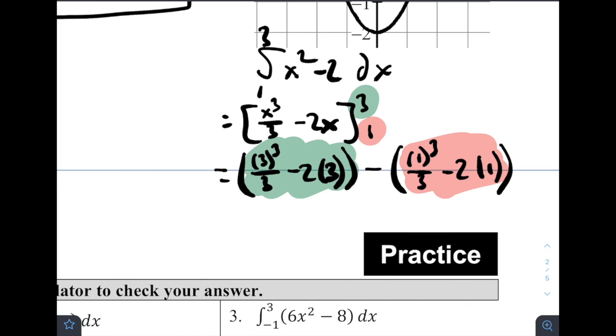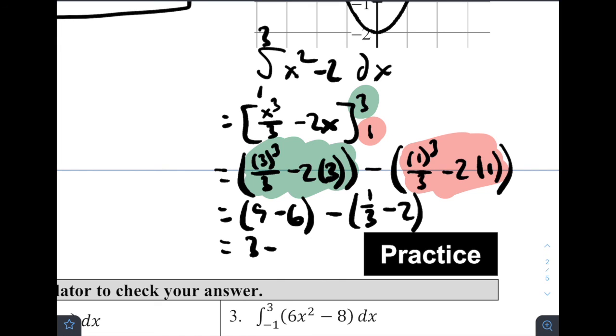3 cubed is 27, divided by 3 is going to give us 9, minus 6, minus 1/3 minus 2. So that looks like that's going to be 3. So we've got then 3 minus, what's that? So negative 5 over 3.